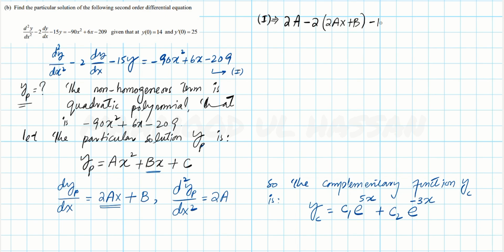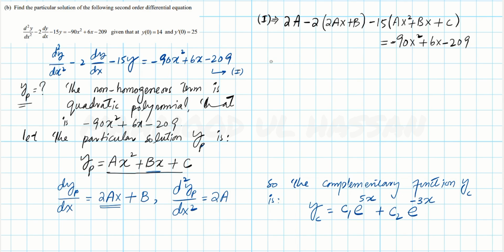Minus 15y is basically ax squared plus bx plus c, equal to the right side, that is minus 90x squared plus 6x and then minus 209. Is it okay?